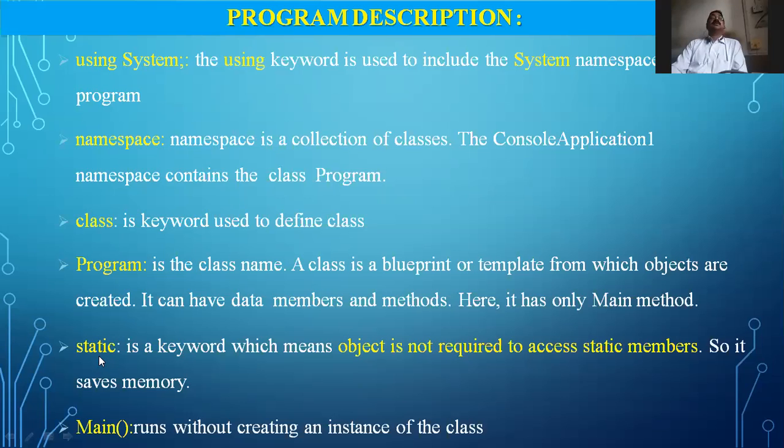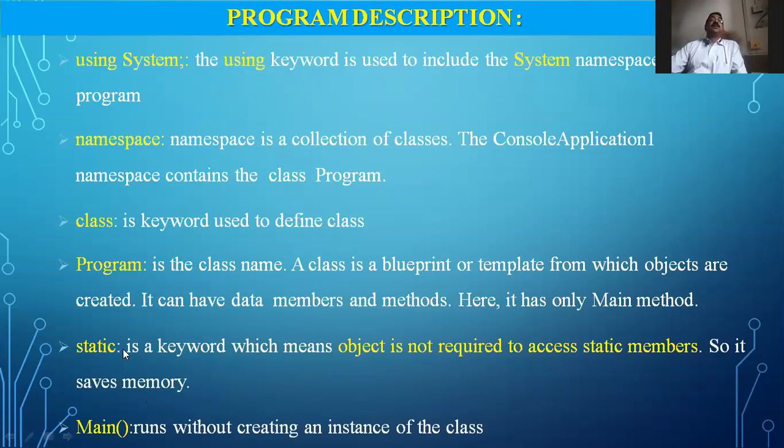Later on, we have written static. In the next statement, static void main string args. Static is the first word, which is a keyword. Now, how many keywords have we seen? Using is a keyword, then class is a keyword, and then static is a keyword, which means that an object is not required to access static members, so it saves memory.